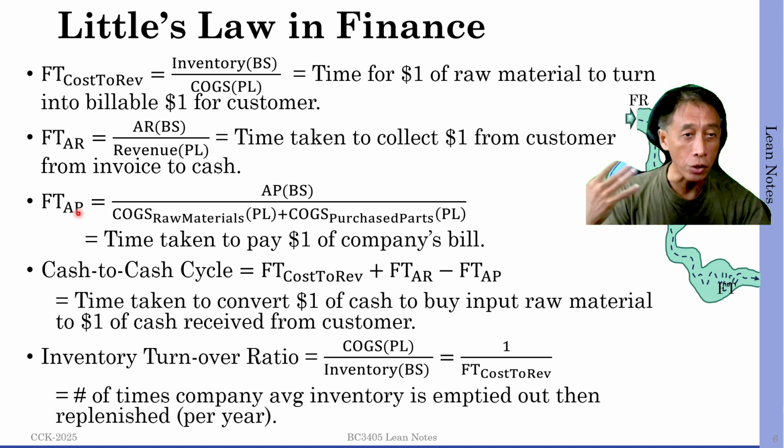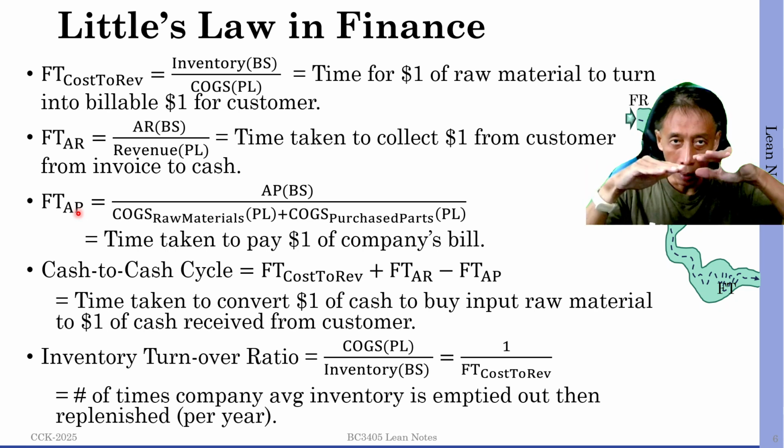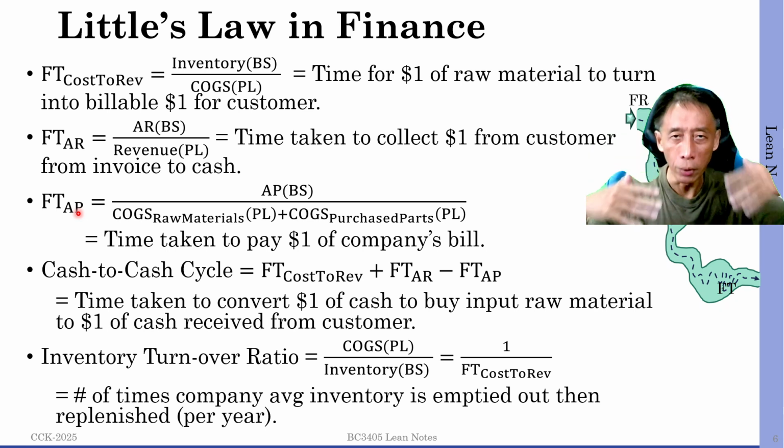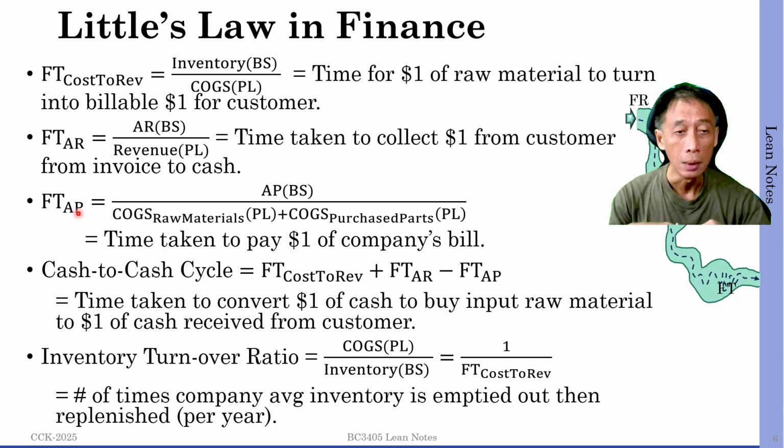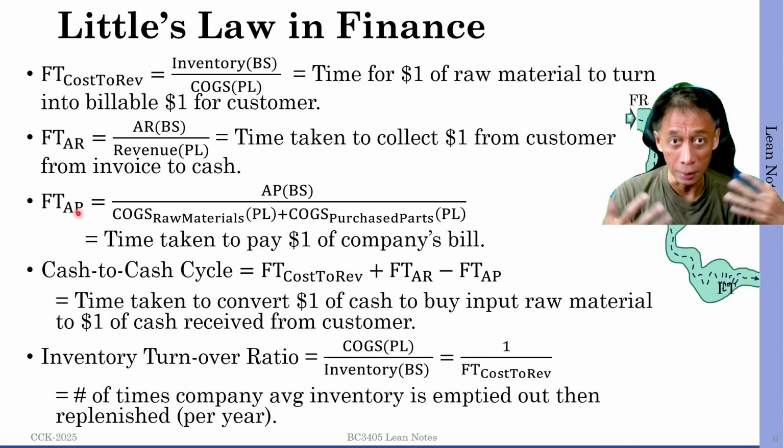If on average, businesses operating in your industry and sector have an FTAP of 7 days, maybe it's industrial practice, they're going to quickly pay. But you have a 14-day FTAP. So that means good. You are able to sustain that kind of flow time with your suppliers.